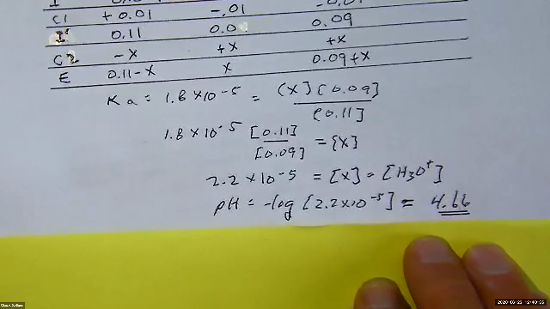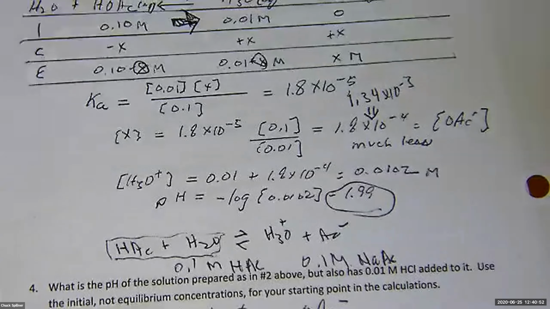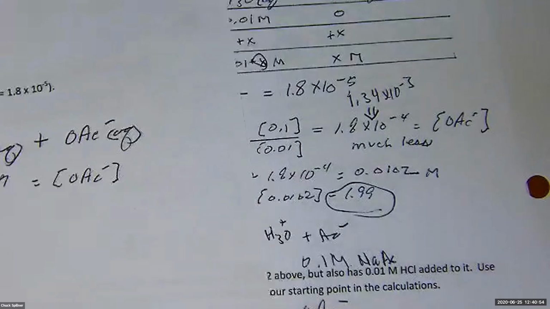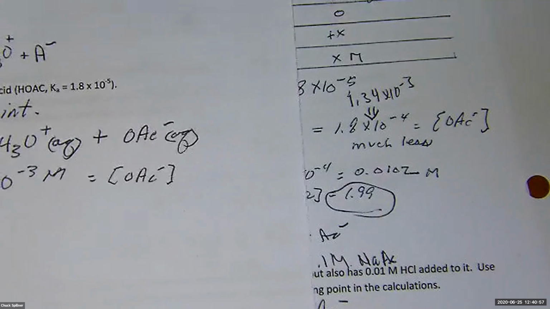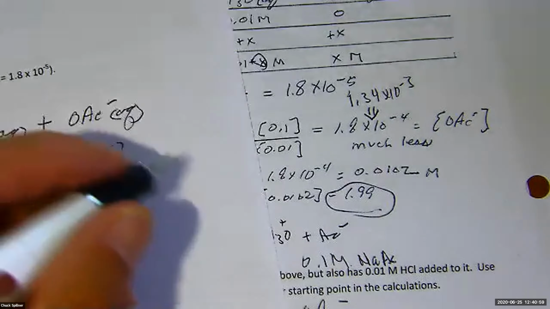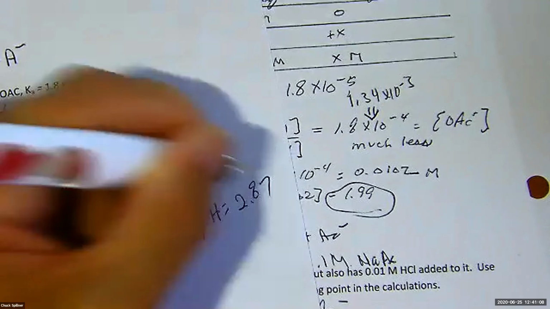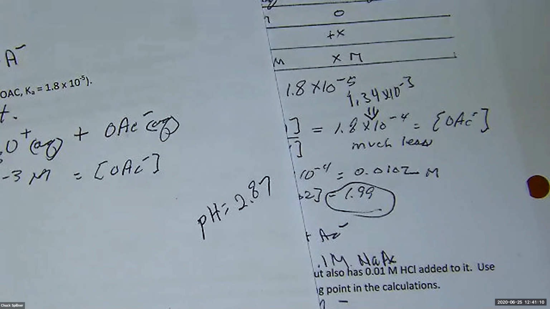The pH went to 1.99 and moved a lot more. Before, the pH was 2.87 when we just had 0.1 molar acetic acid, and when we added 0.01 molar HCl, it dropped to 1.99, almost a whole pH unit.